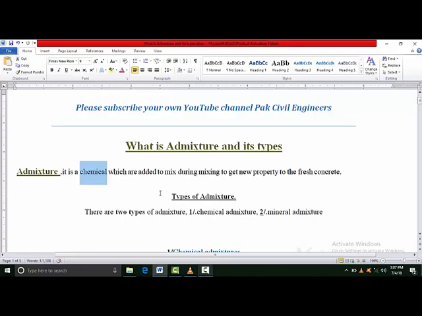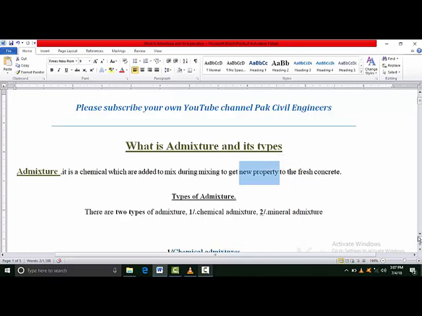When we mix the different materials like fine aggregate, coarse aggregate, water and cement, during this time we also add the admixture, the chemical, to get some new property, to modify the current property of the fresh concrete. That material is called the admixture.